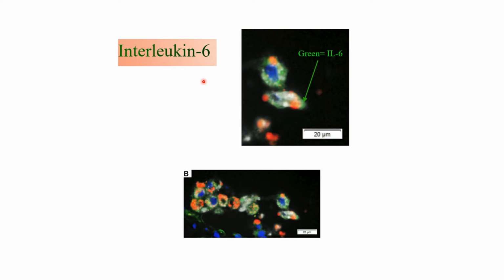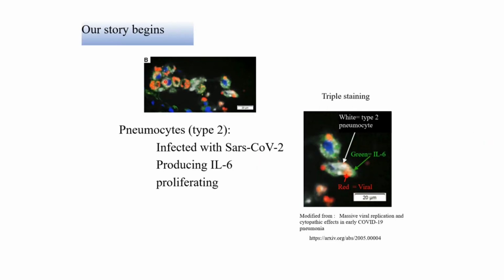Interleukin 6, that's what green is. These type 2 pneumocytes are synthesizing a lot of interleukin 6. So our story begins with type 2 pneumocytes infected with SARS-CoV-2, producing IL-6 and proliferating.